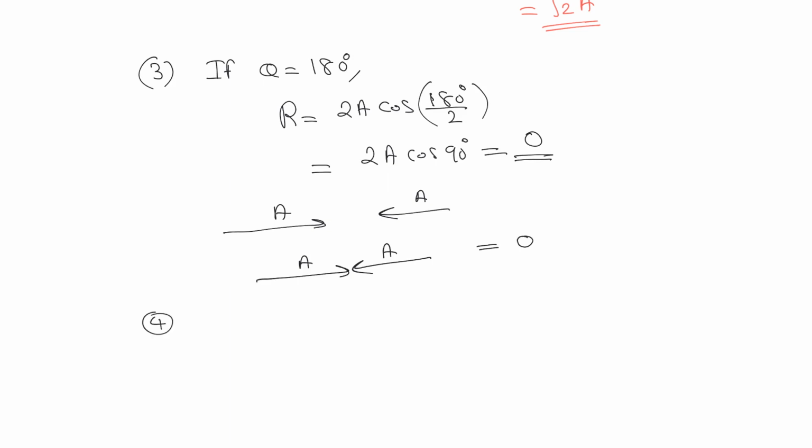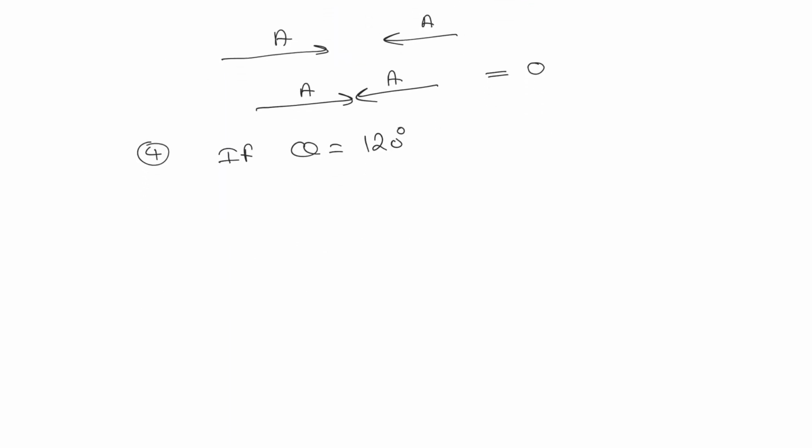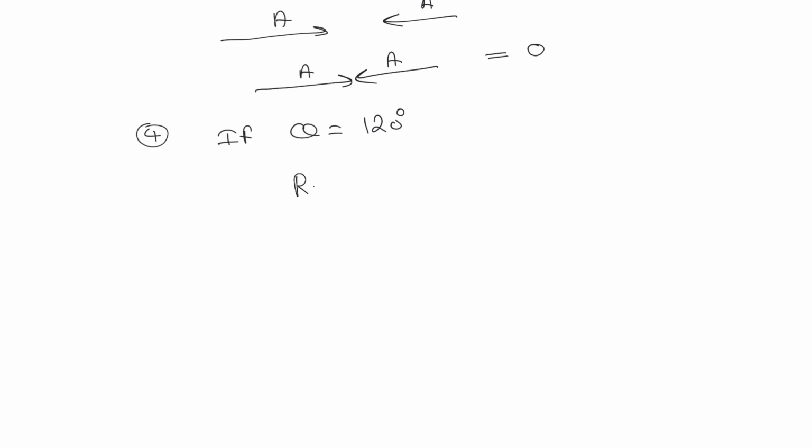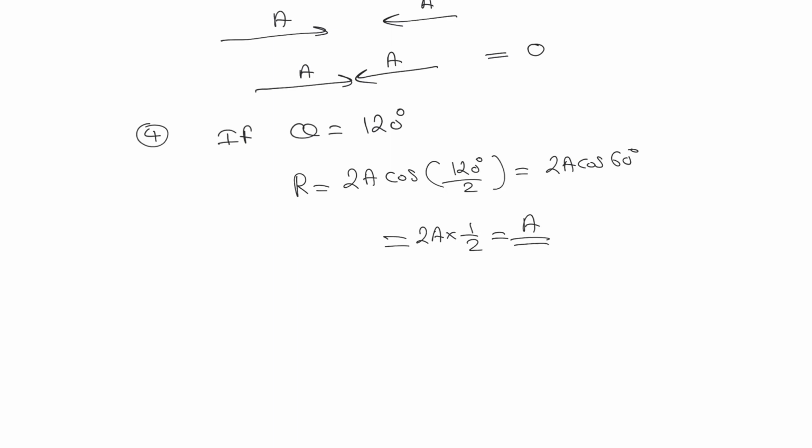Now we can consider the fourth case, where theta is equal to 120 degrees. Using that equation, R = 2a cos(120 degrees/2), which is 2a cos 60. We know that the value of cos 60 is 1 by 2, so we get the answer a.